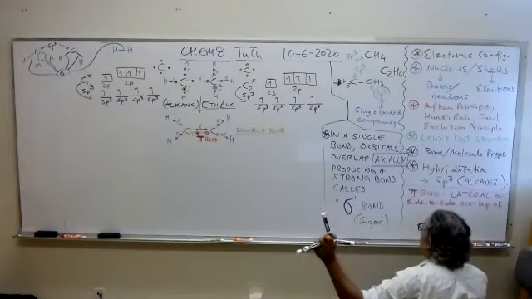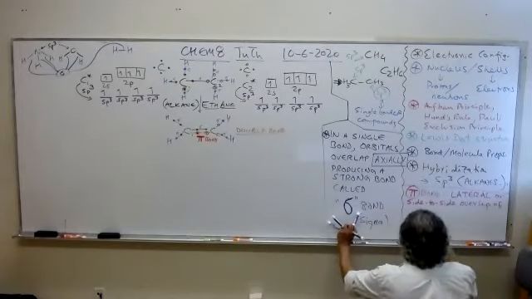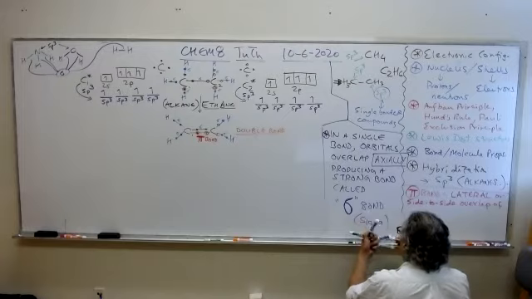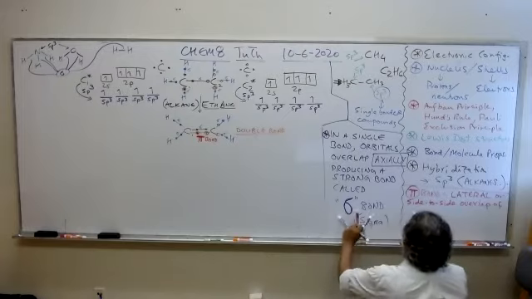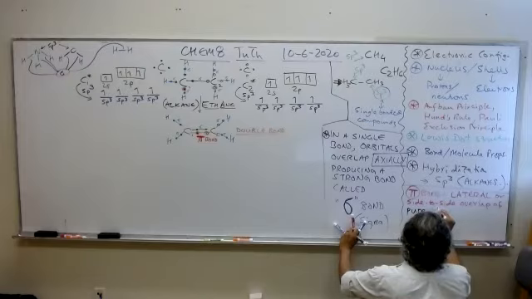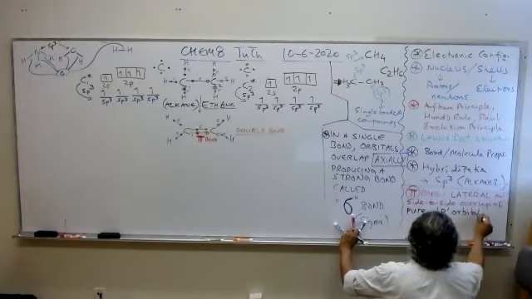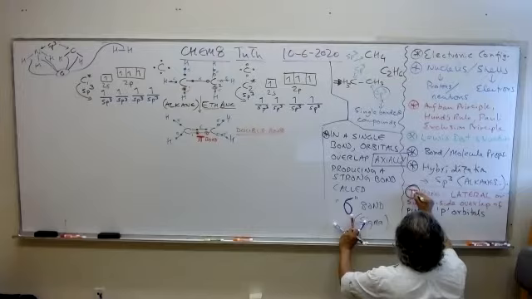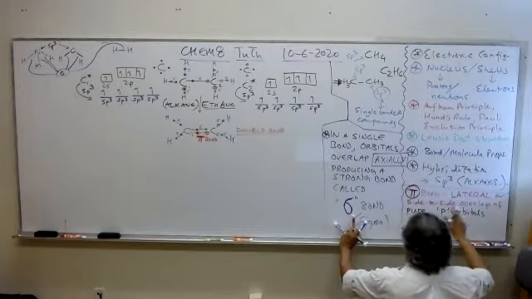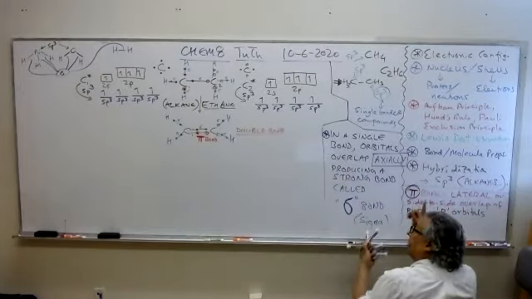It cannot tolerate any hybridization. It has to be unhybridized, so I'm going to write down pure. The word pure is important. Pure p orbitals. Okay, a pi bond happens by the lateral or side-to-side overlap of p orbitals in the same direction.